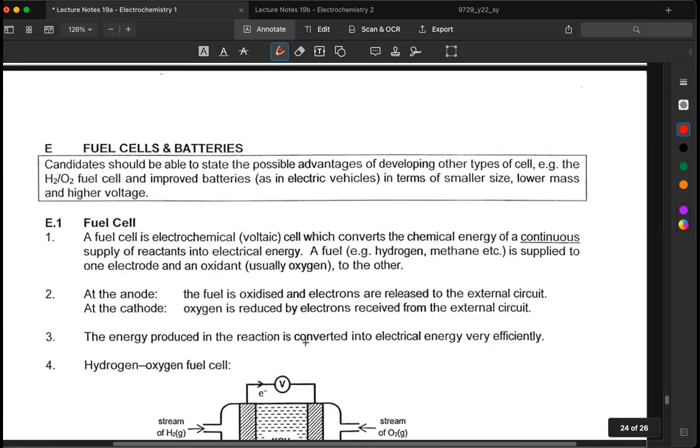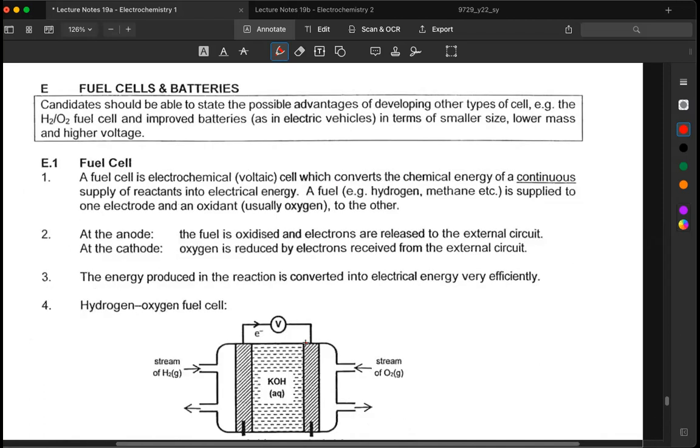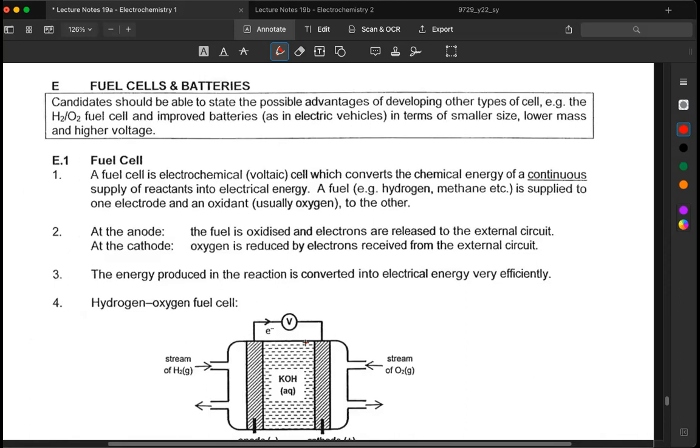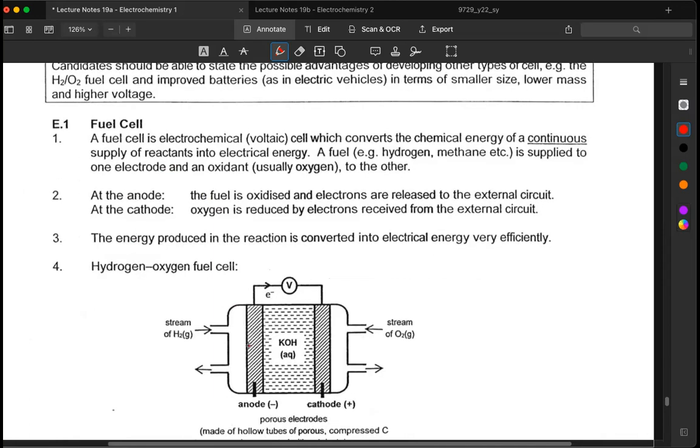Okay, last part is the fuel cell and batteries. Fuel cell is the electrochemical voltaic cell, which converts chemical energy of a continuous supply of reactants into electrical energy. A fuel is supplied to one electrode and oxidant to the other.